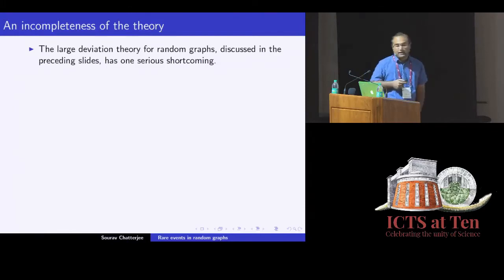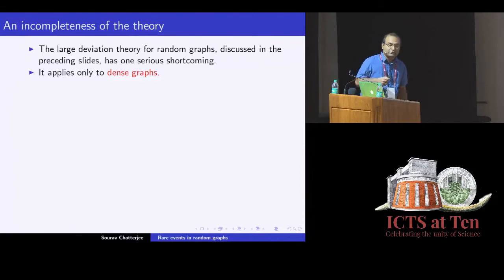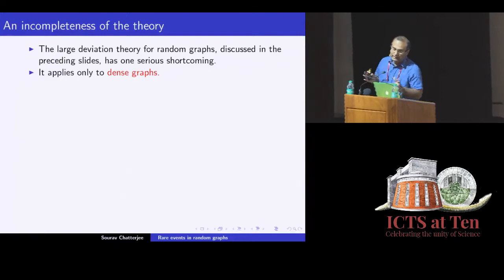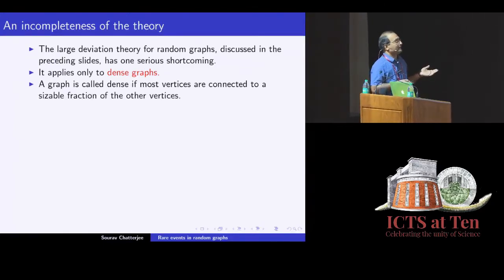Now there is a problem with this whole setup, which I'm going to say now. It applies only to dense graphs. This whole theory of graph limits that we are using, and Szemeredi's regularity lemma, it's all for dense graphs. So what is a dense graph? A graph is called dense if most vertices are connected to a sizable fraction of other vertices.